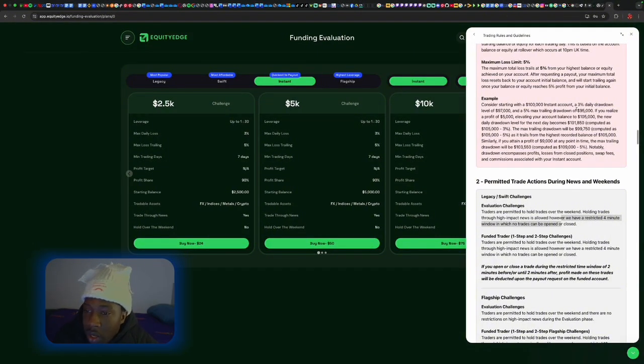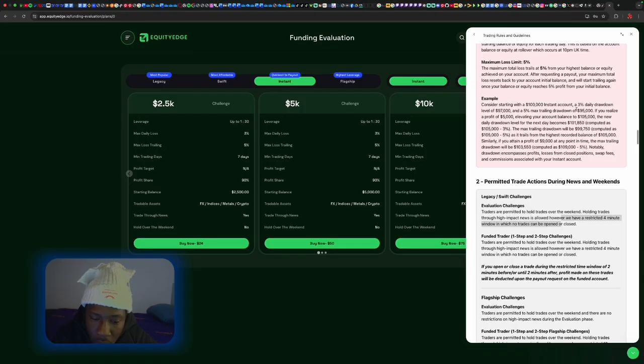So if you realize a profit of 5,000, elevating your account to 105,000, your new daily drawdown level for the next day becomes 101,000.